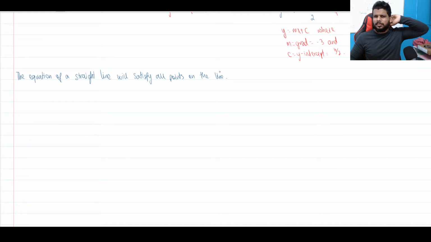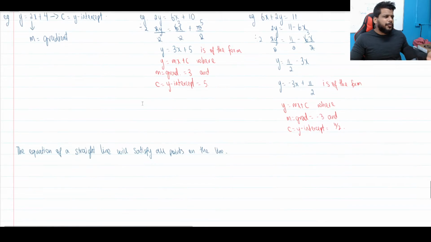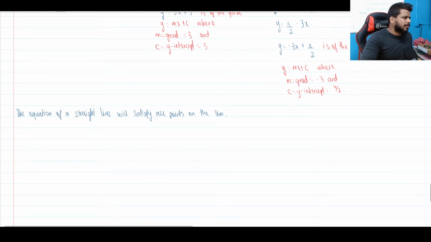What does that mean? I'll work with y is 2x plus 4 first to illustrate. For example, y is equal to 2x plus 4.